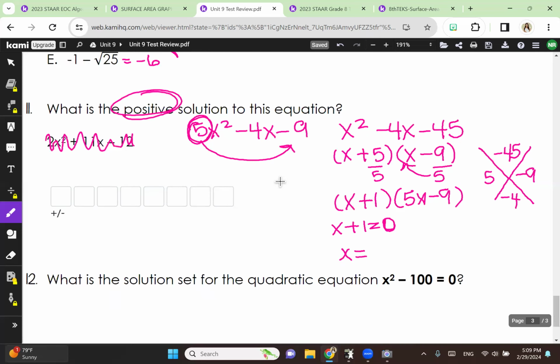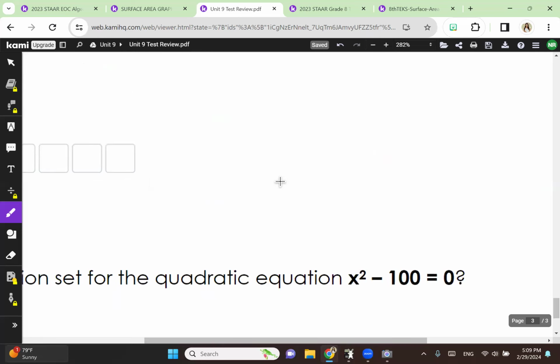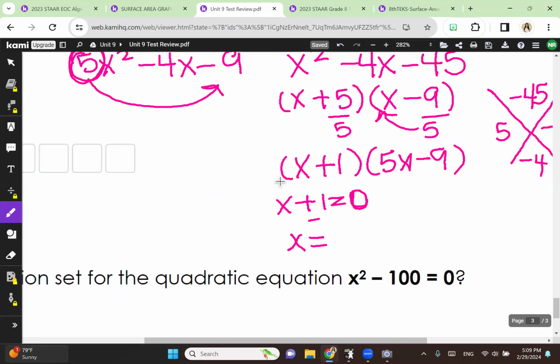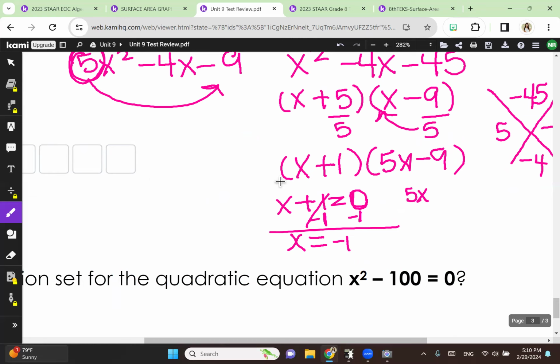My tablet is doing it again. You subtract 1 on both sides. So you get x equals -1. Here, two-step equation. 5x minus 9 equals 0. So you add 9.